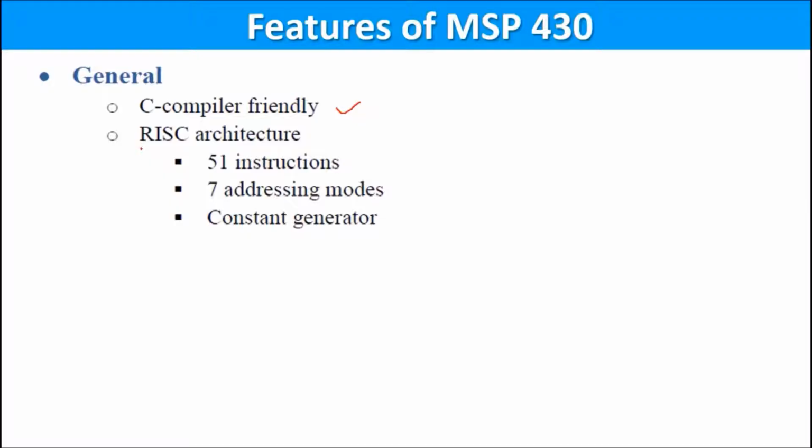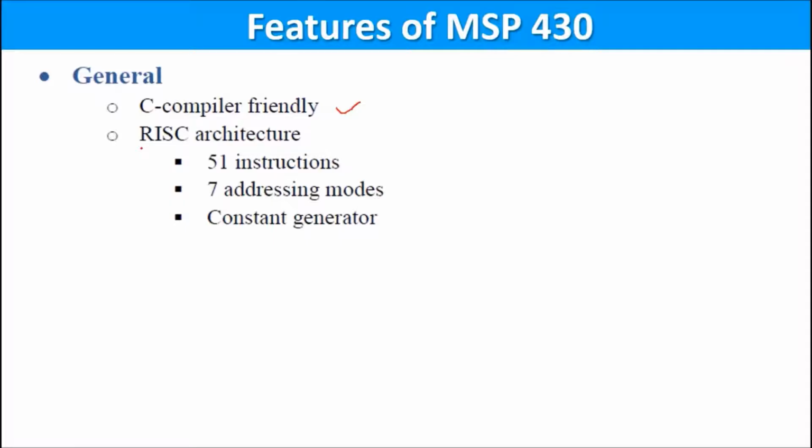This is a RISC architecture, reduced instruction set computer. There are 51 instructions, 7 addressing modes, and constant generator registers, so that we can store 6 constants which can be used in the program. That we will discuss in detail.